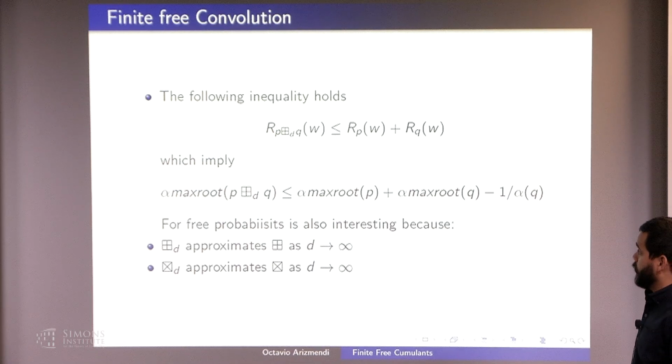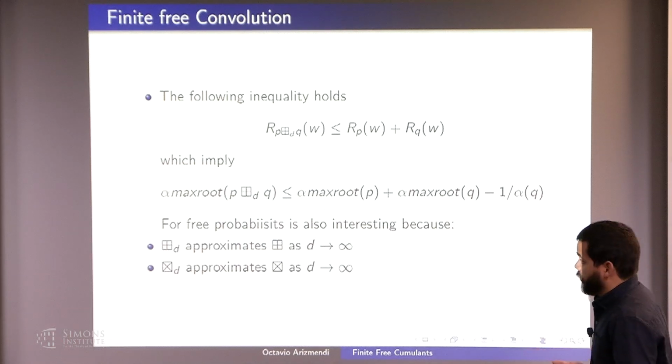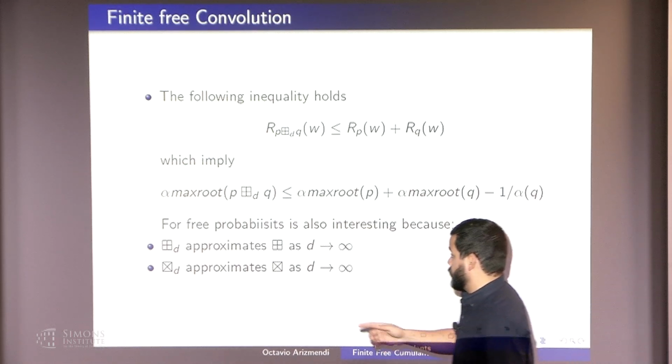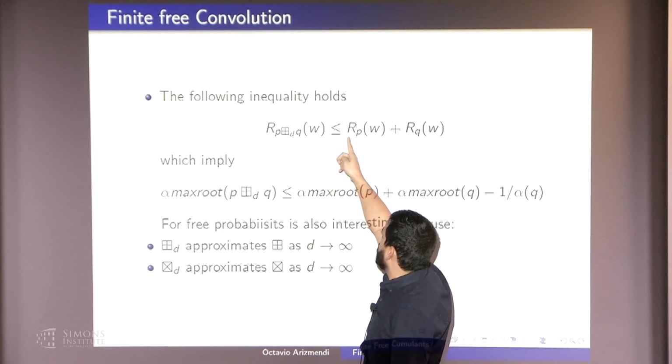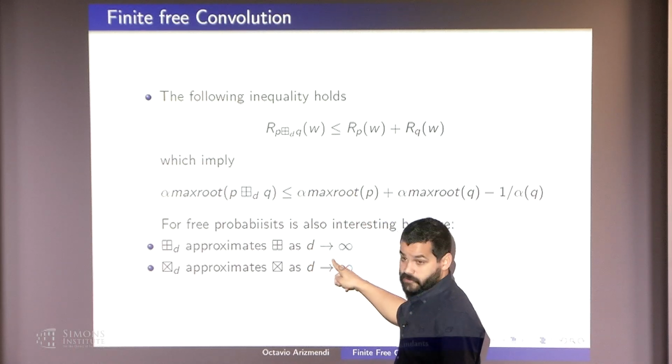For a free probabilist, I will be more interested in the fact, proved by Marcus, that when d goes to infinity, this inequality gets tighter and tighter, and I get free convolution.